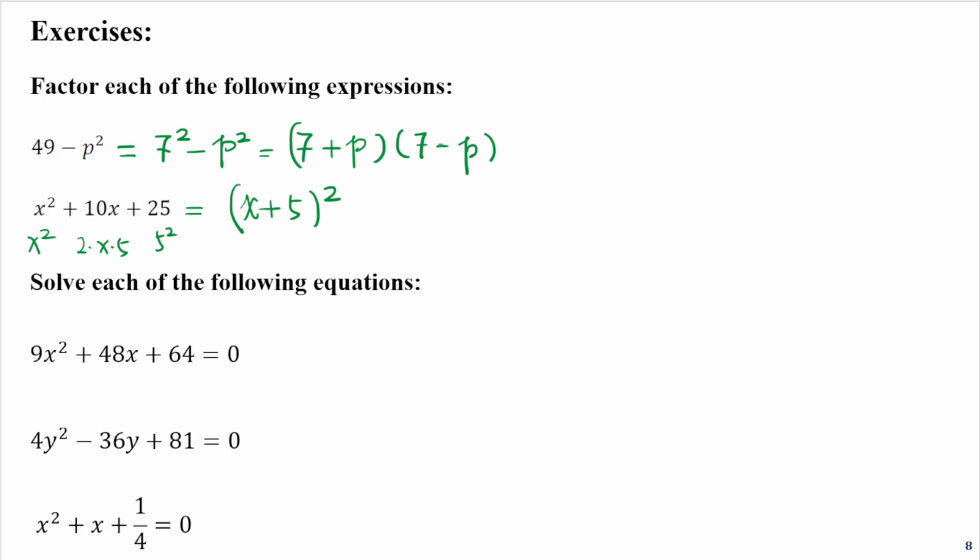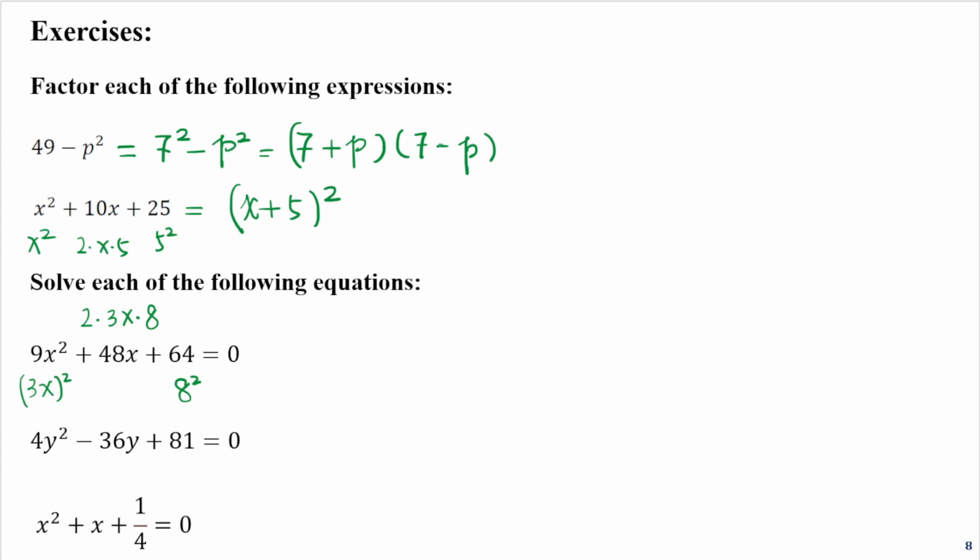And then let's have a look at each of the following equations. First of all, there is no common factor, right? But note that the first term is just 3x squared, and the third term is 8 squared. And in the middle, we have 2 times the first term, 3x, times the third term, 8, which is exactly 48x.